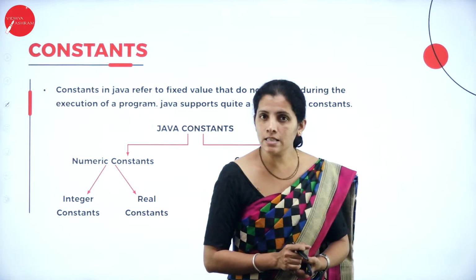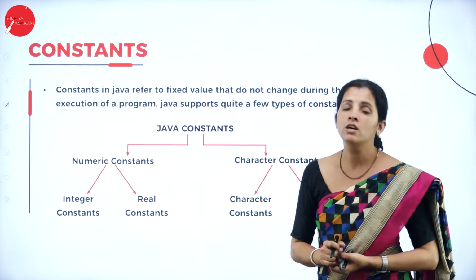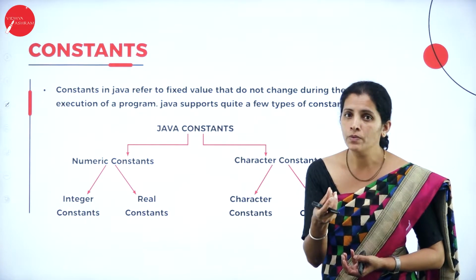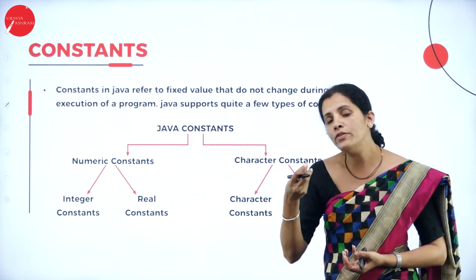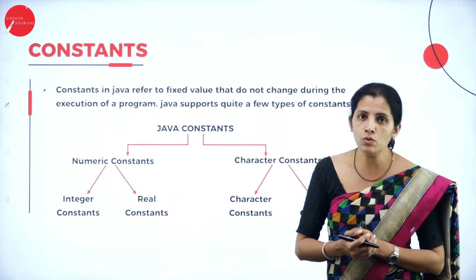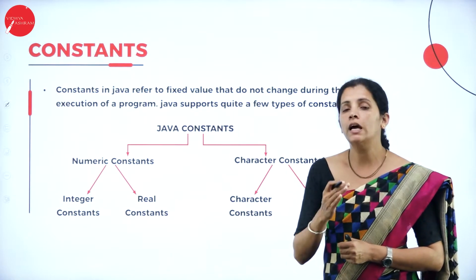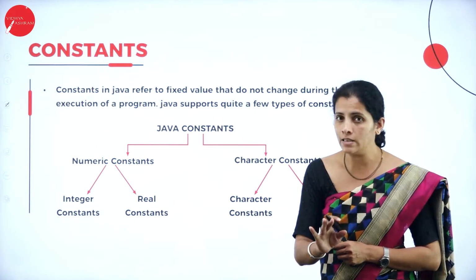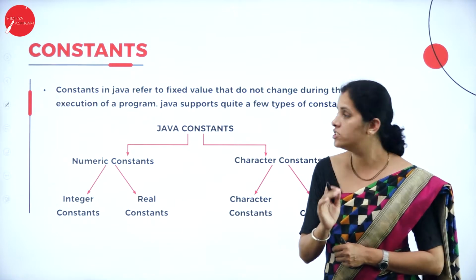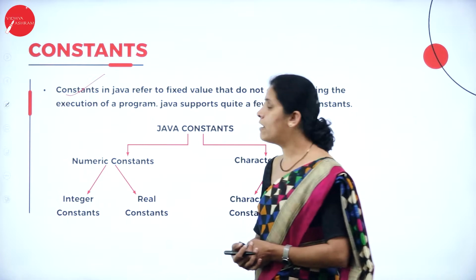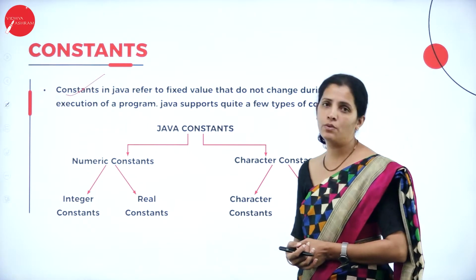Similarly, in a programming language, I can define a fixed value. What is the meaning of the fixed value? That means whatever value I assign remains constant throughout the program. It is nothing but unchanged. So constants in Java refer to fixed values.